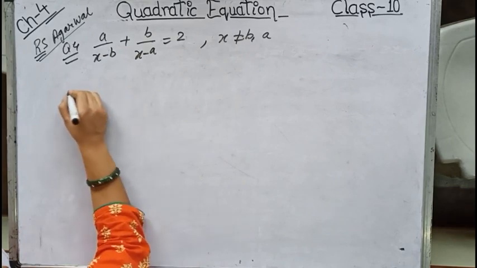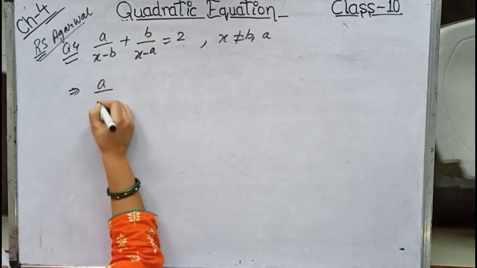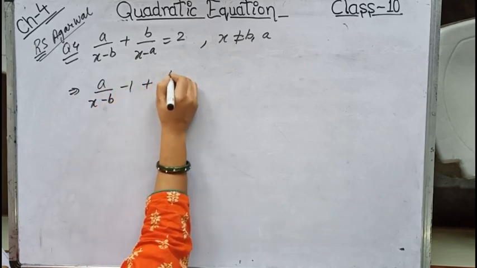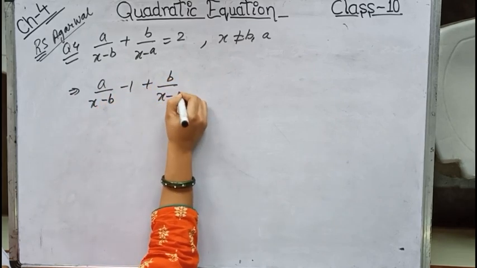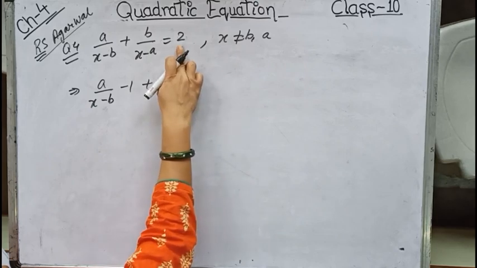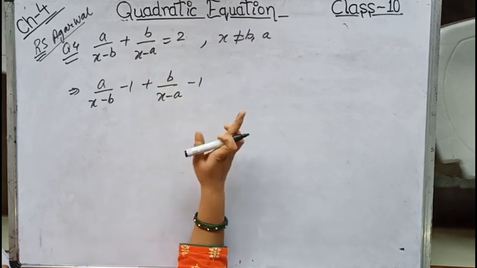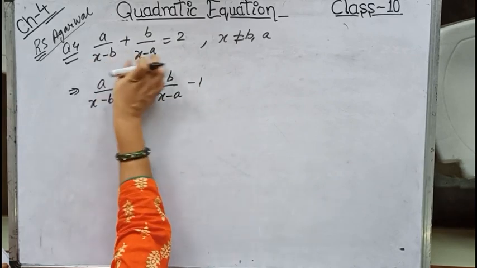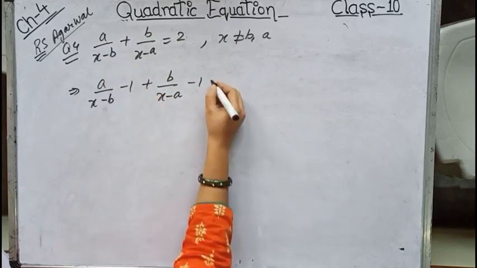So over here I can write this as a by (x minus b) minus 1 plus b by (x minus a) minus 1, that is, 2 written as 1 plus 1, with 1 given to each term of the LHS.